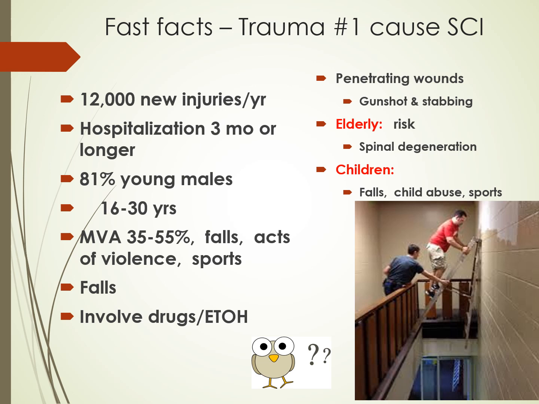We've got acts of violence and then sports, and many of these accidents do involve drugs and alcohol. We're looking at penetrating wounds also, gunshots and stabbing can cause spinal cord injuries. And children-wise, we're looking at falls mostly, child abuse is next, and then sports injuries.